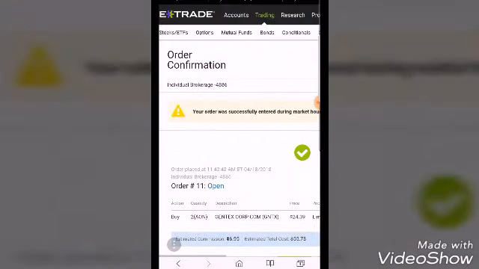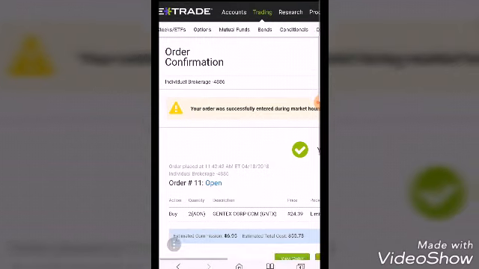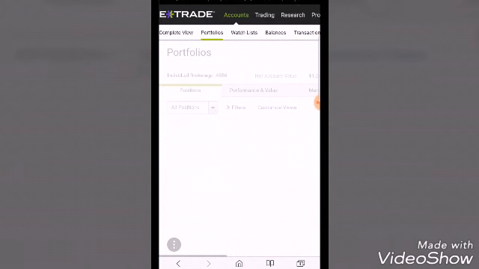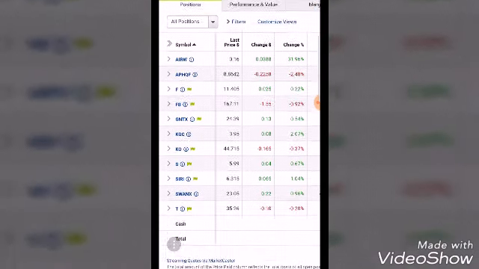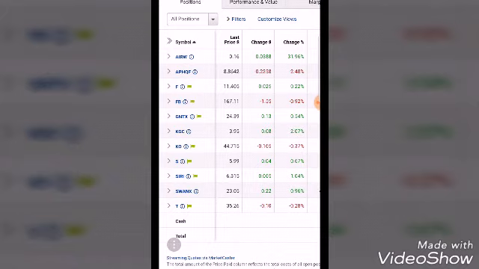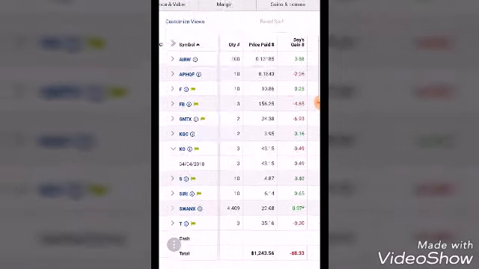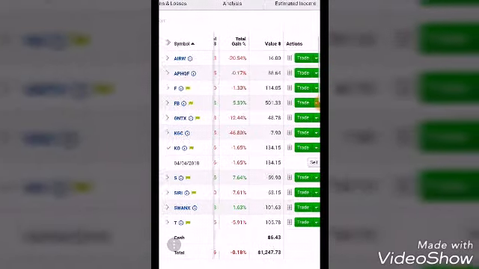So if I go back to my portfolio, I'll see that in there. Let me go here and just look real quick. And that was Gentex, GNTX. I'll see that one added onto my portfolio. And there it is right there. Y'all see it? It shows that I bought two.